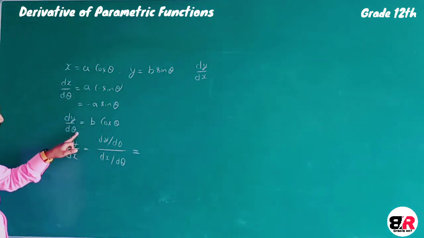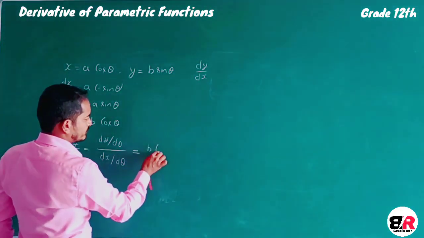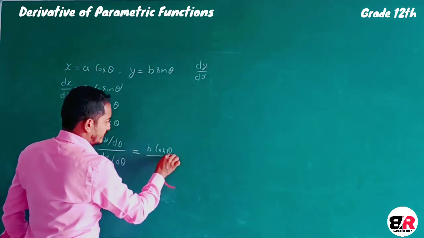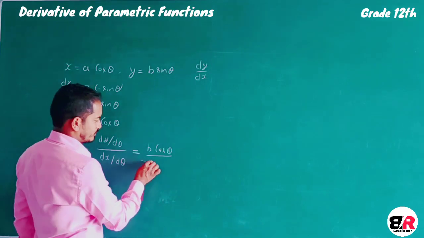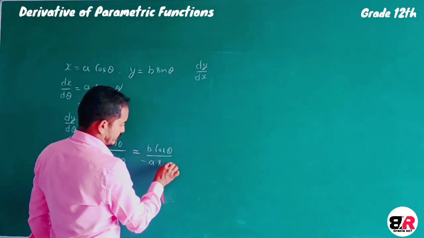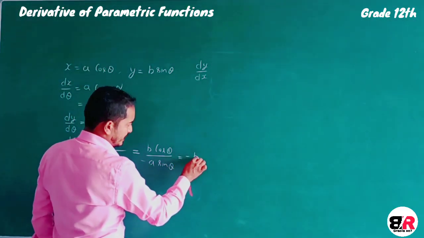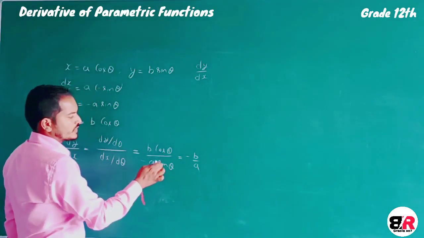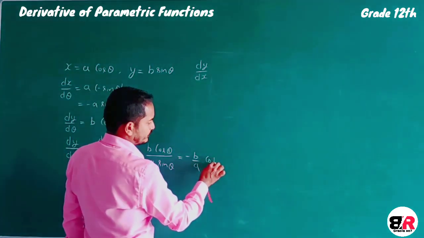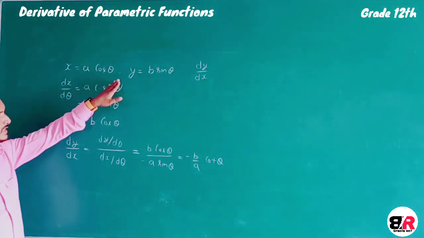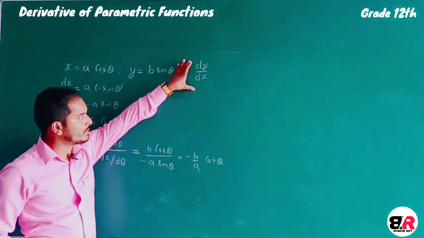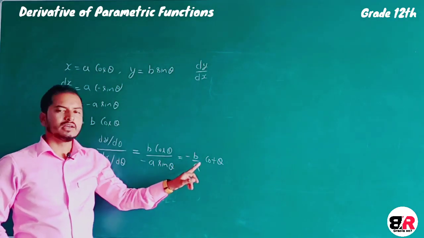Now dy by d theta is b cos theta and dx by d theta is minus of a sin theta. Then it will be minus b upon a, cos upon sin theta is cot theta. So the required answer is dy by dx is equal to minus b upon a cot theta.